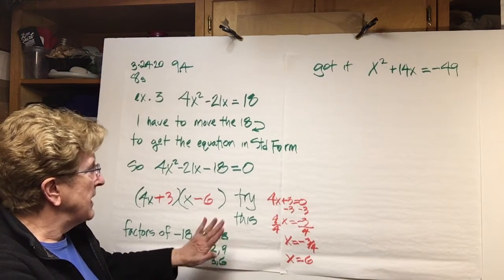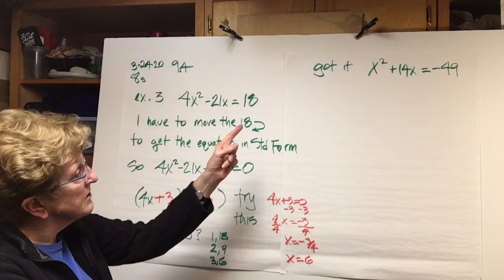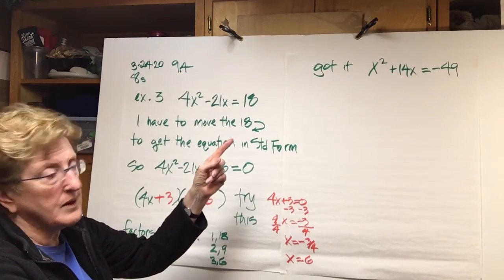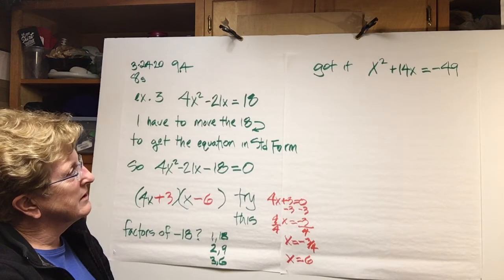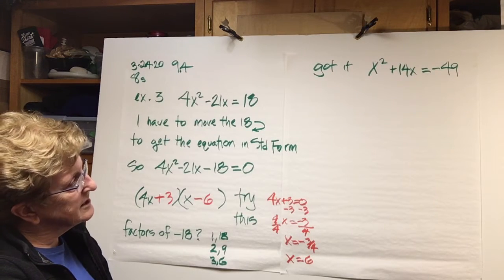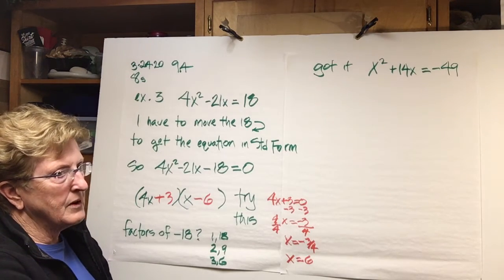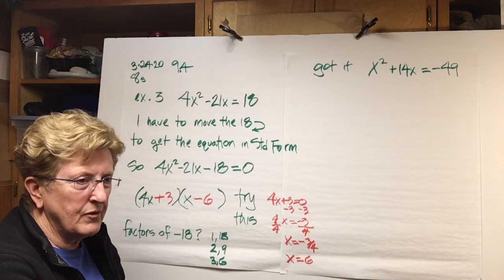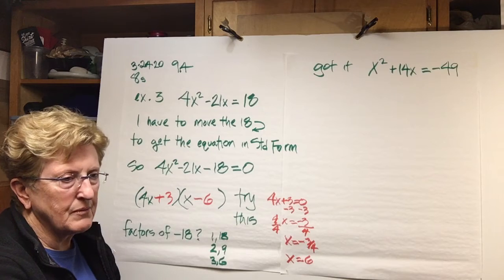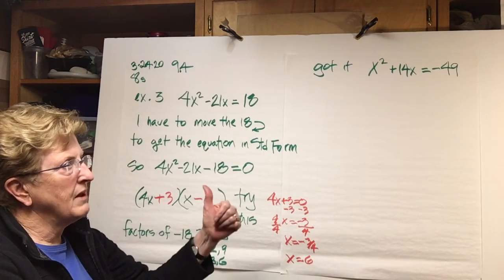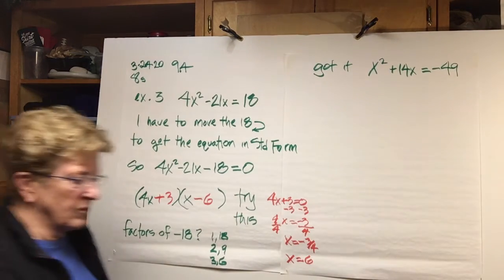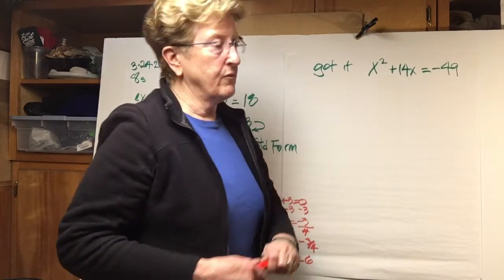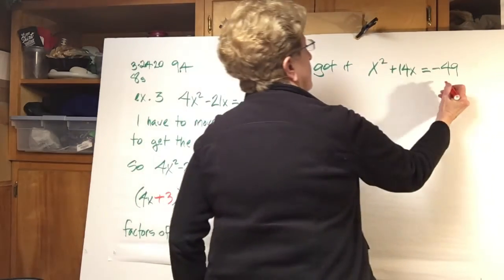All right? Now, let's look at this one, the got it for number 3, which is x squared plus 14x equals negative 49. I would think that some of you are probably noticing something already. So let's move that negative 49 over to make it into standard form by addition.